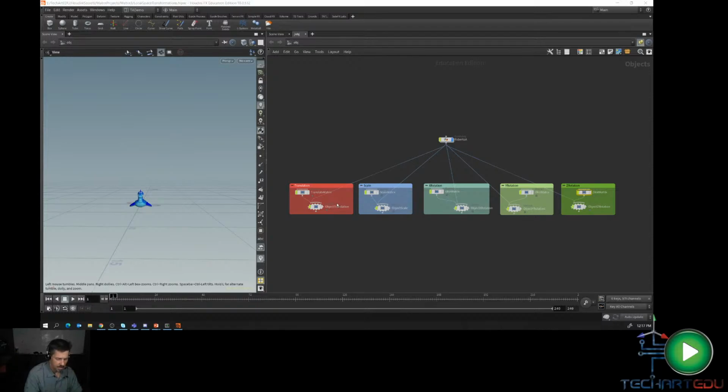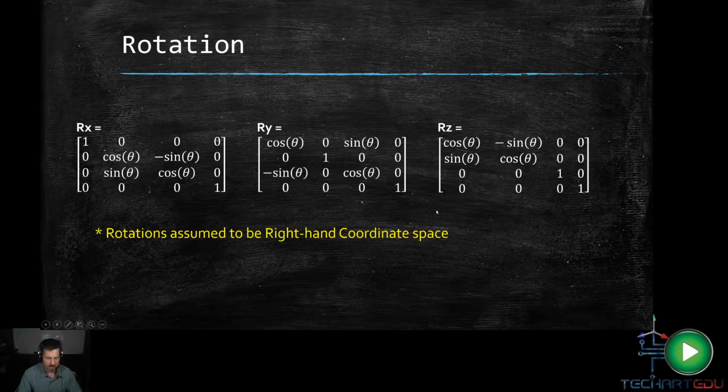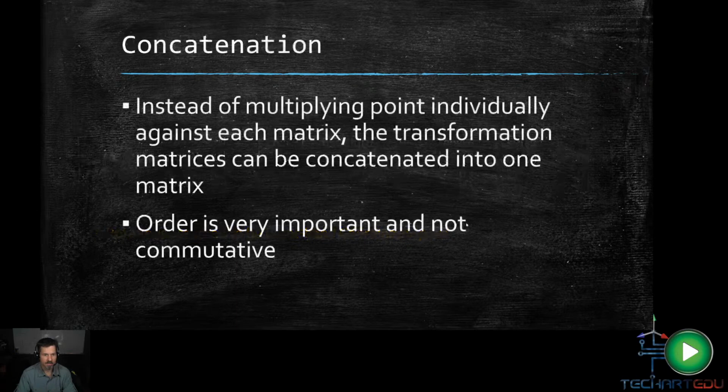But the early mathematicians who created linear algebra came up with something to facilitate things. Instead of multiplying each point individually against each matrix, all of the matrices can be collapsed on top of each other. If you multiply one matrix against another matrix, that combined product is the same as doing the first matrix and then the second matrix.